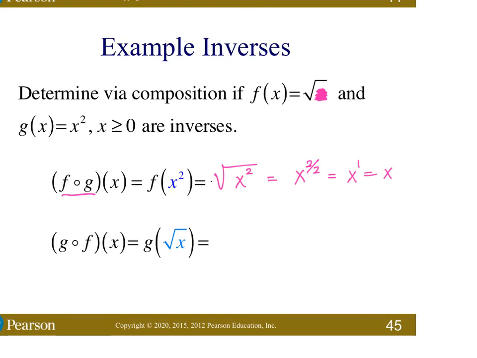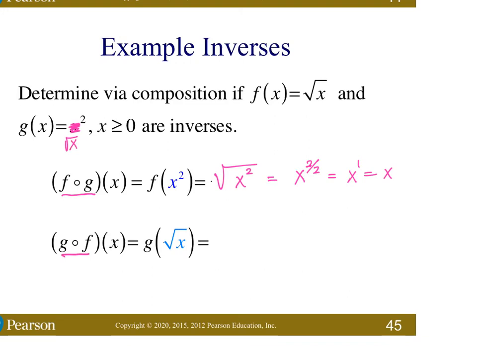So now let's try it the other direction. Now let's do g of f. So now I'm going to do g of the f function, which is the square root of x. So now I want to go to the g function. I want to cross out x and replace it with the square root of x.